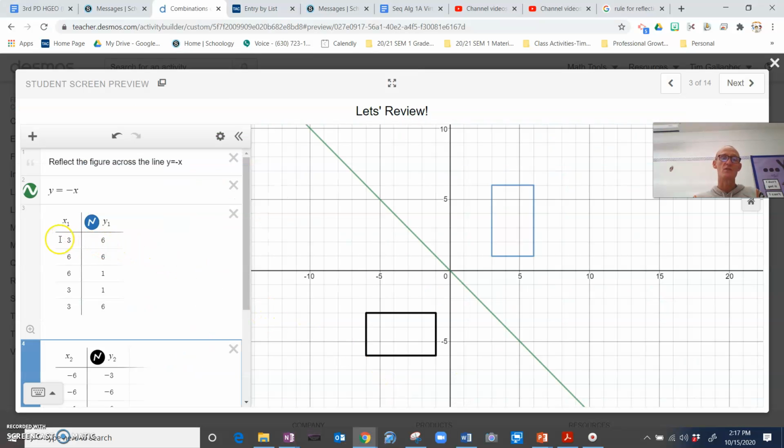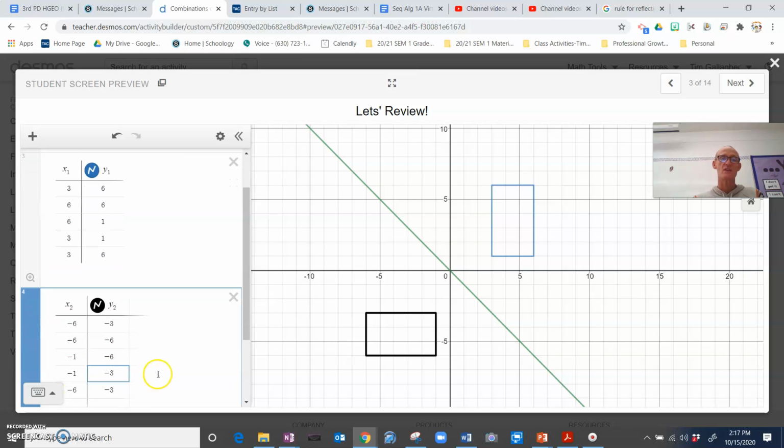So this (3, negative 6) turns into (negative 6, negative 3), and then this is (negative 6, negative 6). This would be (negative 1, negative 3), and this would be (negative 6, negative 3), which would be the same as the first one. So this is reflected over the x-axis here, or the line y equals x here.